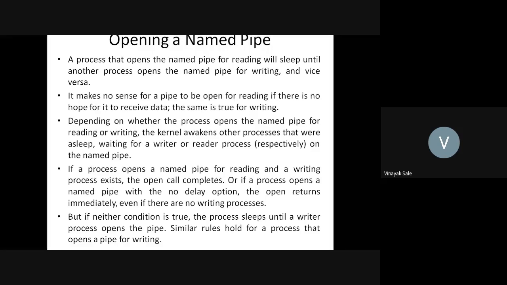If the process opens the named pipe with the no delay option, the open returns immediately, even if there are no writing processes. But if neither condition is true, the process sleeps until a writer process opens the pipe. A similar rule holds for a process that opens a pipe for writing.